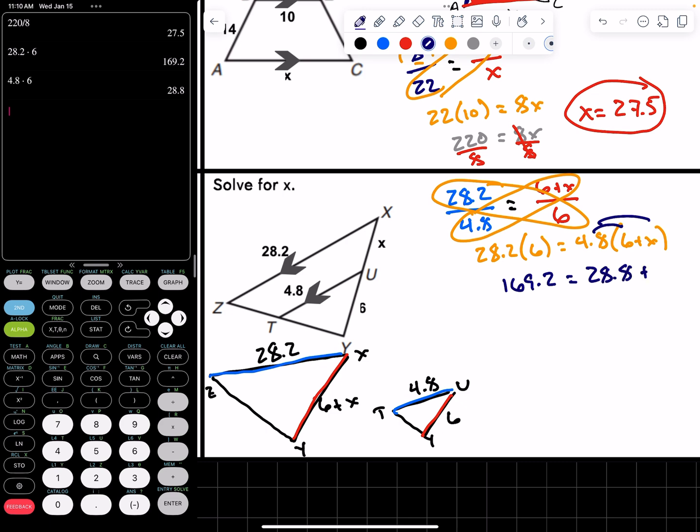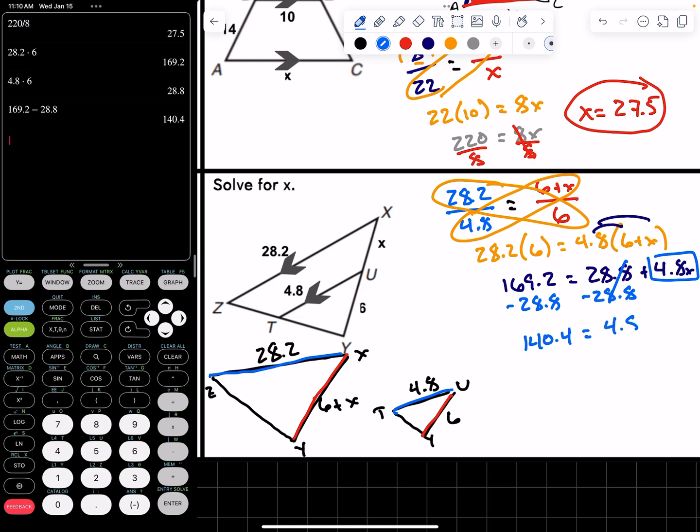Now I'm going to subtract, because I want to get 4.8x by itself. So subtract 28.8 from both sides. 169.2 minus 28.8 equals 140.4.